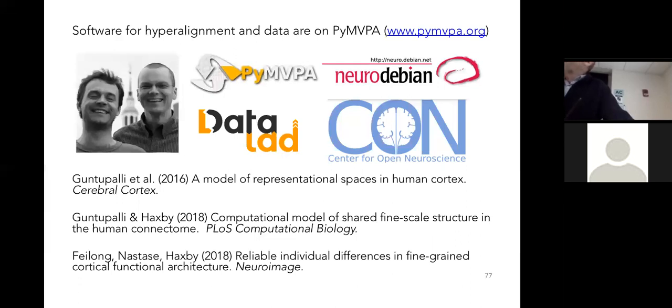Another thing that we want to do that we haven't done yet is look at individual differences in the transformation matrices. So right now we're looking at individual differences in the information after we factor out as much anatomical variability as we can. But the transformation matrices should be measures of how much the functional anatomy has to be moved around and in what ways. And are some subjects similar in terms of how their anatomy differs from other subjects' anatomy?